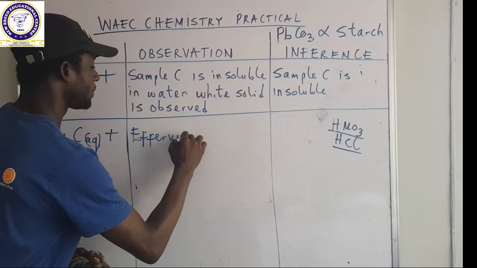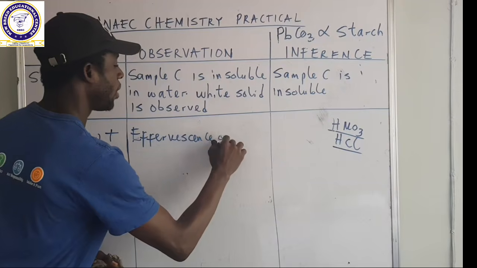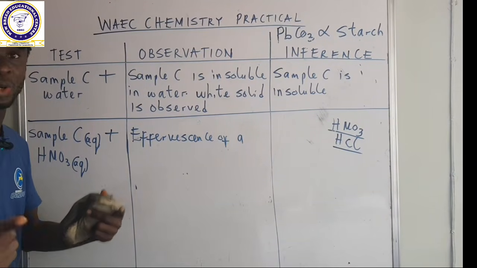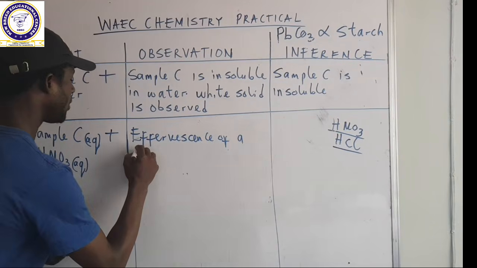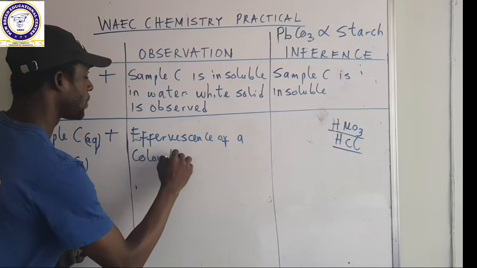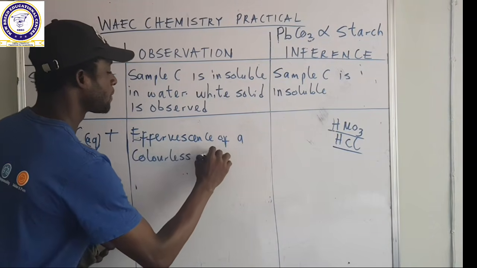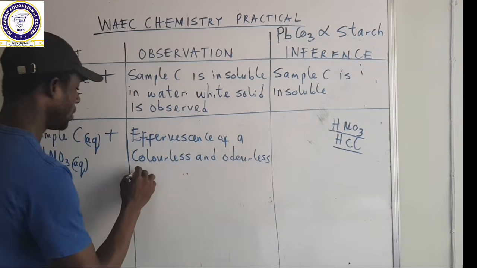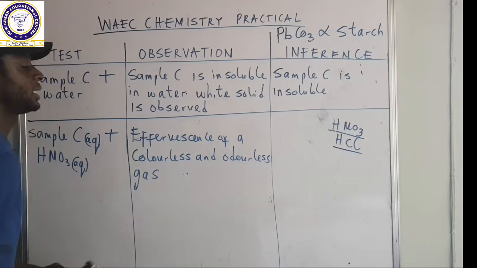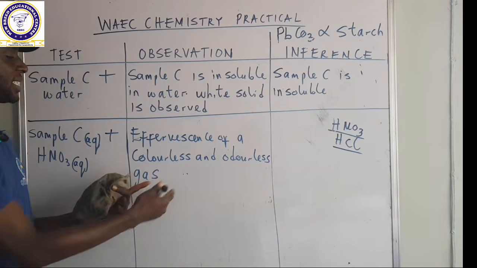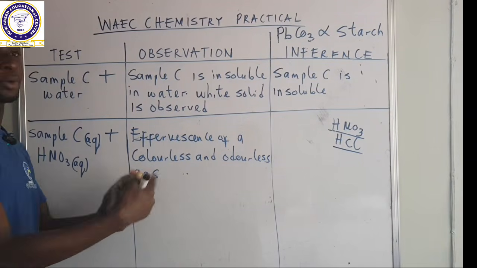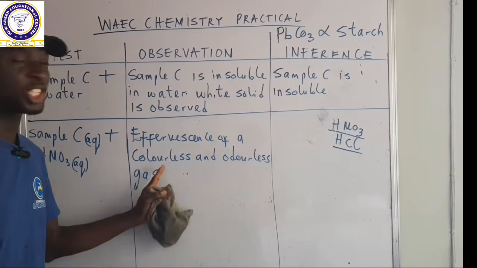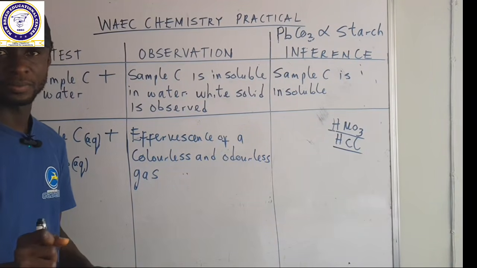Because CO2 is a colourless and odourless gas, effervescence of a colourless and odourless gas. Now, two or more gases can be colourless and odourless. How do we actually confirm that it is CO2? We pass it through lime water.